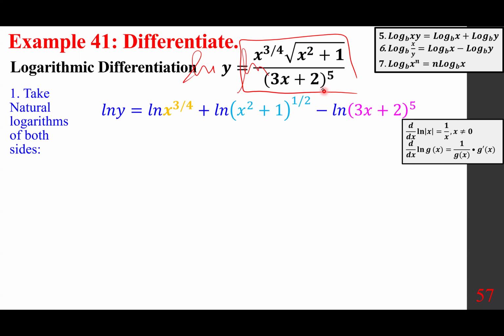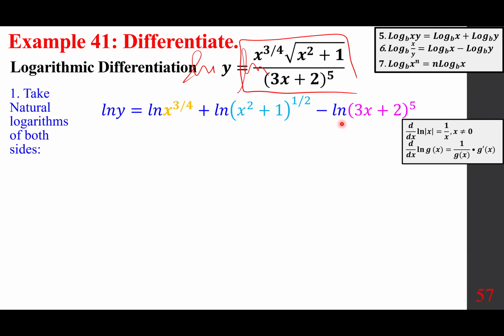The right side is ln of x to the power of 3/4 plus ln of the square root of x squared plus 1. And remember, x squared plus 1 to the power of 1/2 or square root is the same thing. And the bottom takes a negative sign, minus ln of 3x plus 2 to the power of 5. So take natural log of both sides and, of course, simplify, decompose completely.